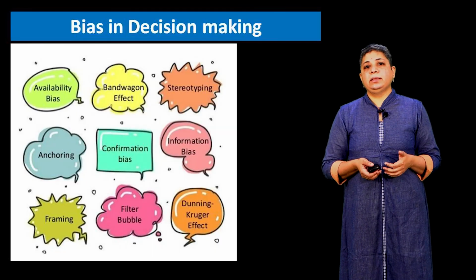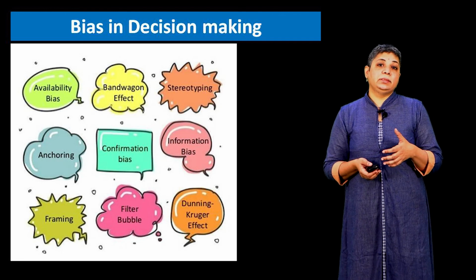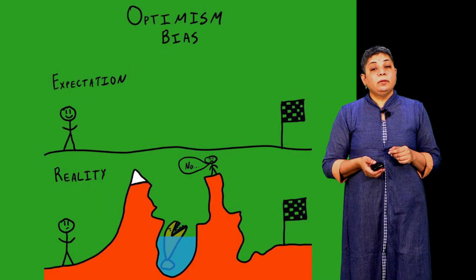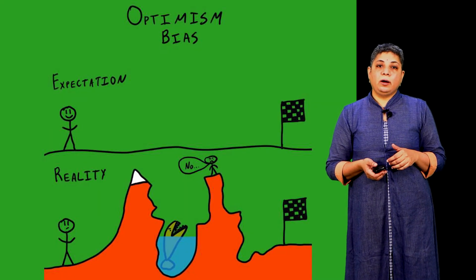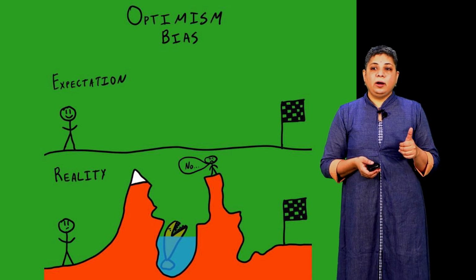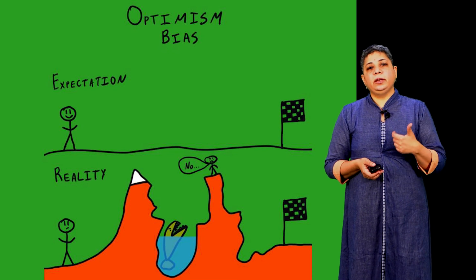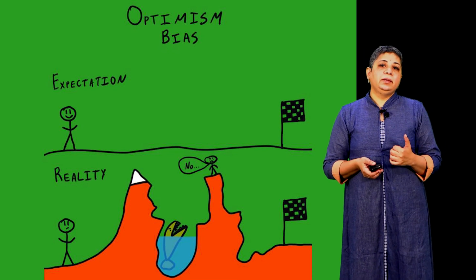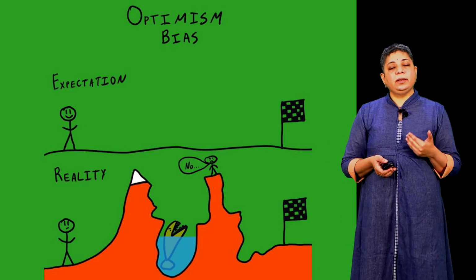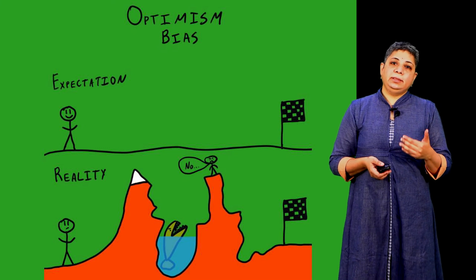There are several biases which play a role when patients or families make decisions in the ICU. One important one is the optimism bias. What happens in the optimism bias is, however much information you give, whatever kind of inputs you give, the listener or the family or the surrogate will always have an unrealistic expectation.